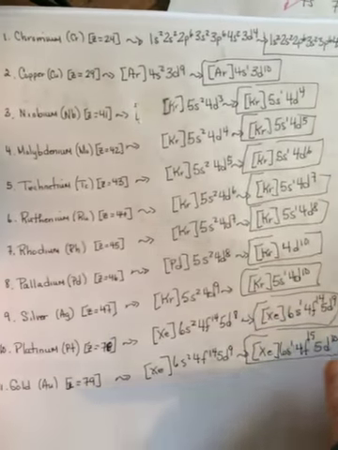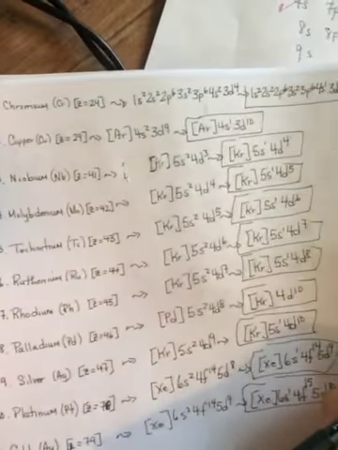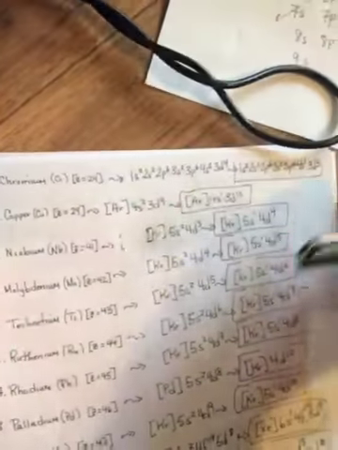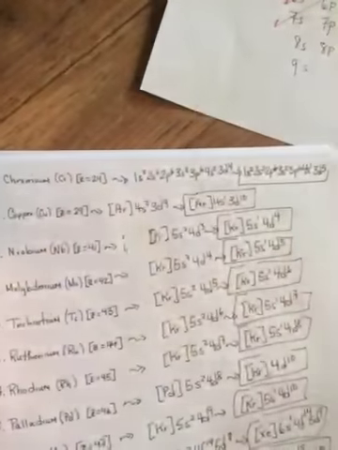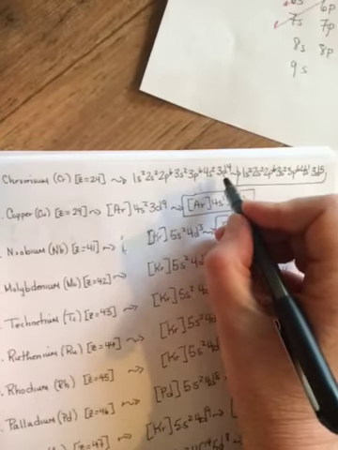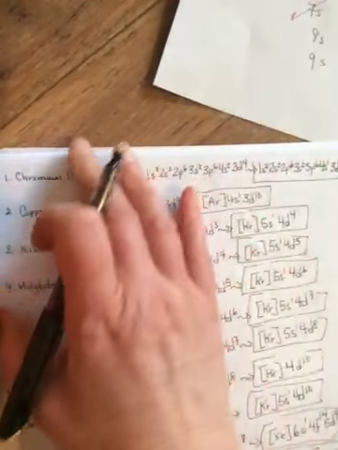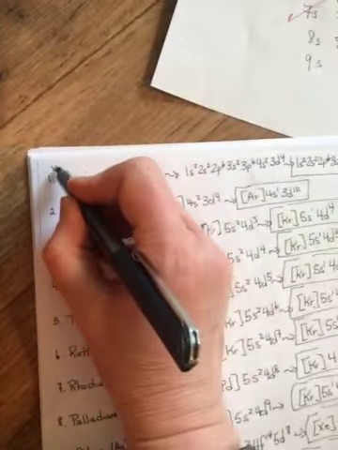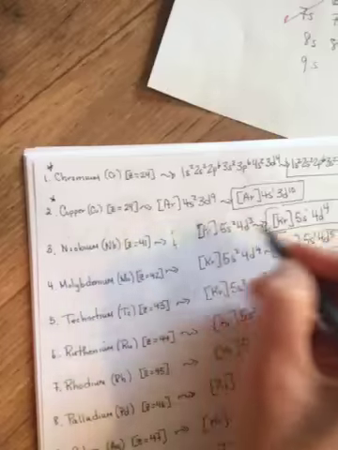Now, if we were in school, I would not expect you to recognize or know the exceptions of the exceptions, but I would expect you to recognize the predictable exceptions. The ones going from 3d4 to 3d5, like chromium, I would expect you to recognize. Copper, going from 3d9 to 3d10, I'd expect you to recognize.